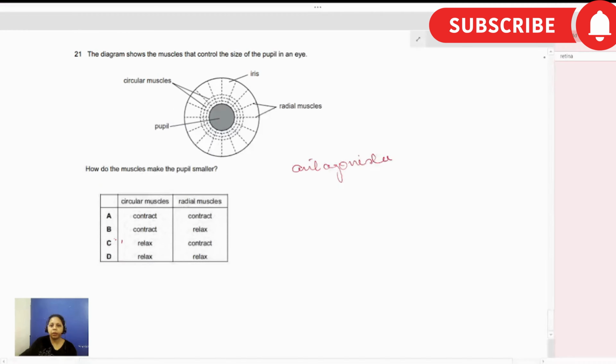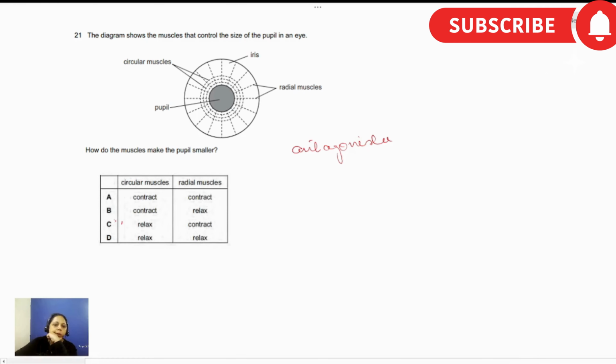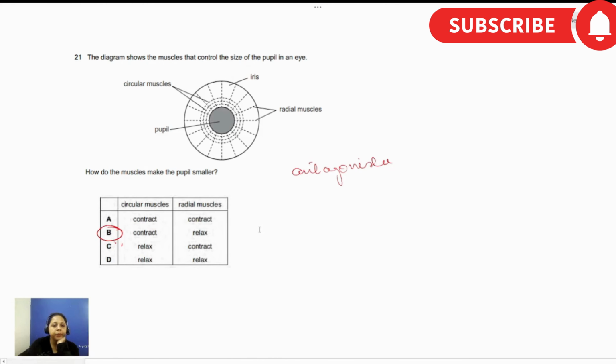So, when the radial muscle relaxes and the circular muscle contracts, it's a smaller pupil, right? The radial muscle relaxes and the circular muscle contracts. Oh, I told it correctly. So it's B. I marked C. So I've told it correctly. Okay. It's B. Next one.